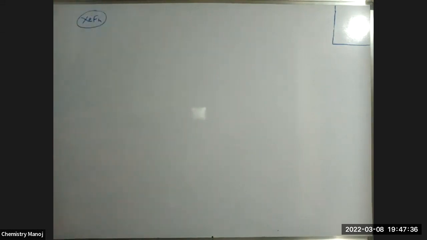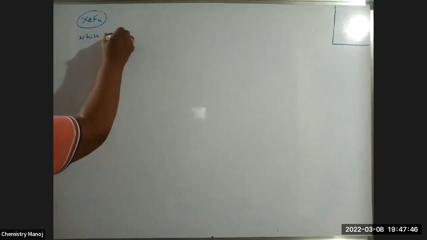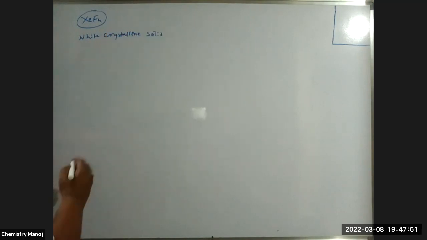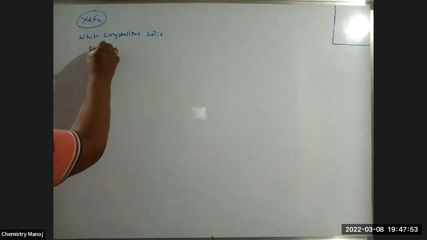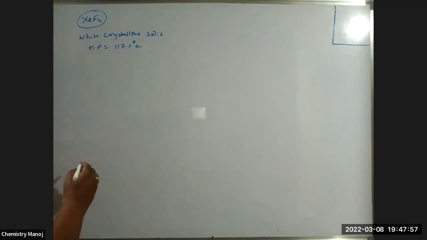Some chemical reactions of XeF4. Before that, what are the physical state and certain conditions? It is a white crystalline solid. Melting point is 117.1 degrees centigrade.